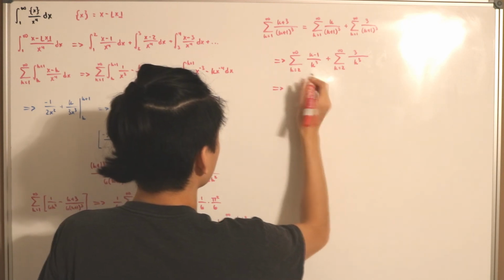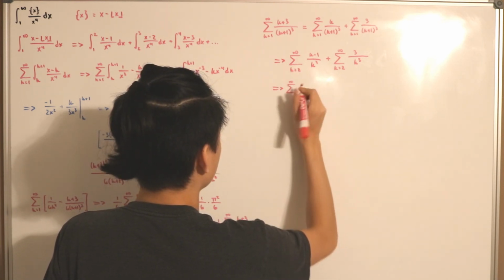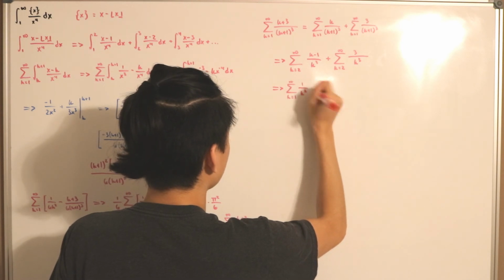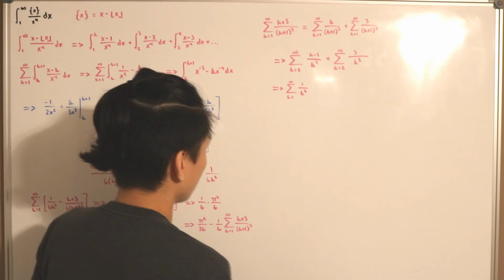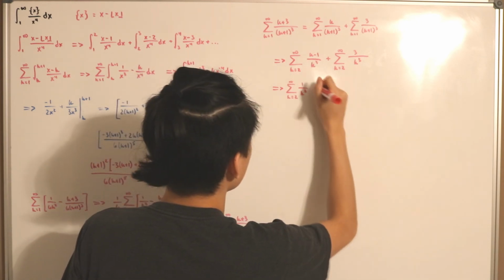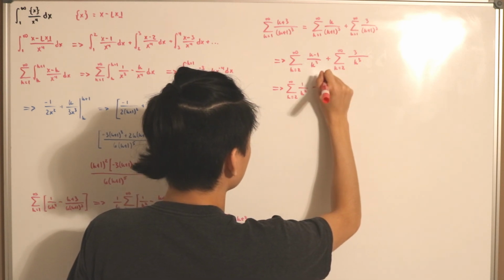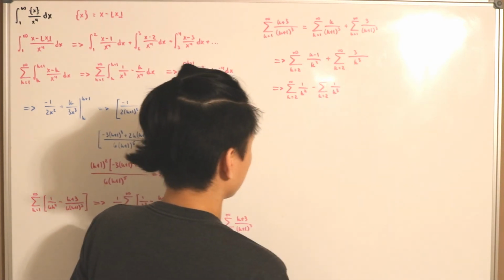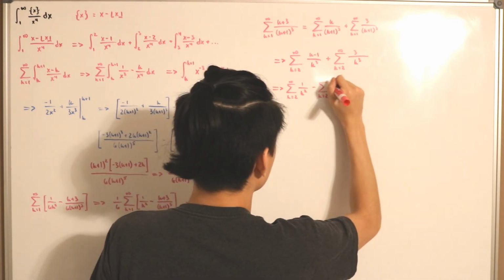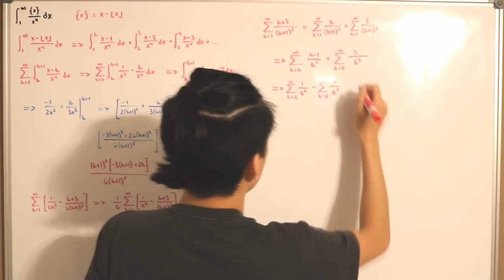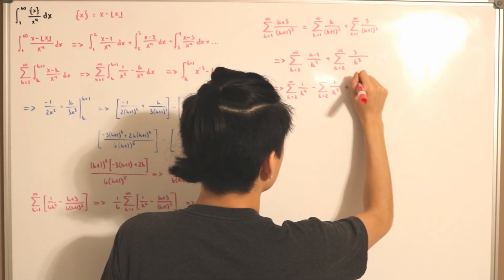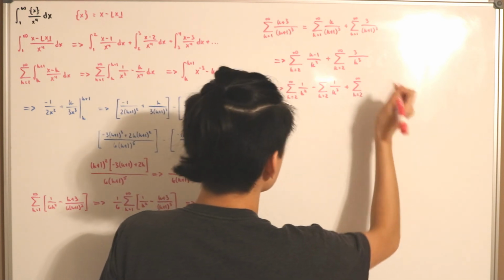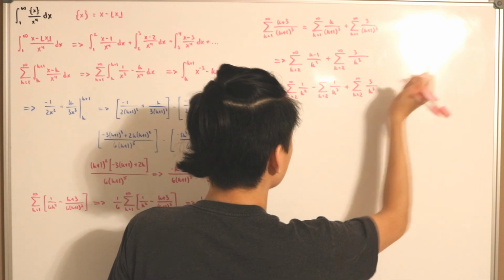So now we have three different series to calculate: the sum from k equals 2 of k divided by k cubed, which is just 1 divided by k squared, minus the sum from k equals 2 to infinity of 1 divided by k cubed, plus the series from k equals 2 of 3 divided by k cubed. Remember, we adjusted our index.